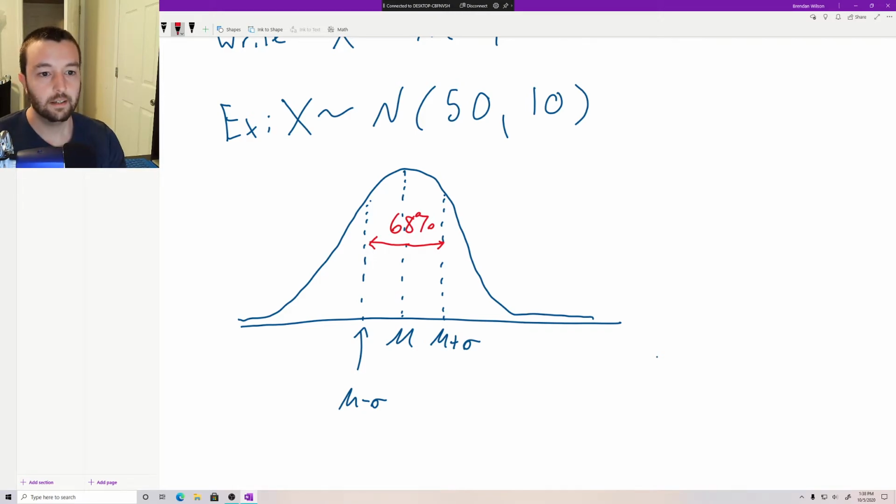Okay. So the normal distribution is a kind of distribution where the majority of our data is huddled towards the center, huddled towards the mean. And the mean and the median are the same thing in this case.